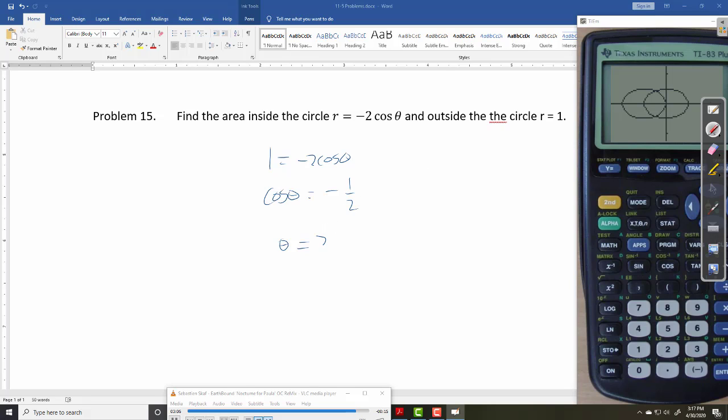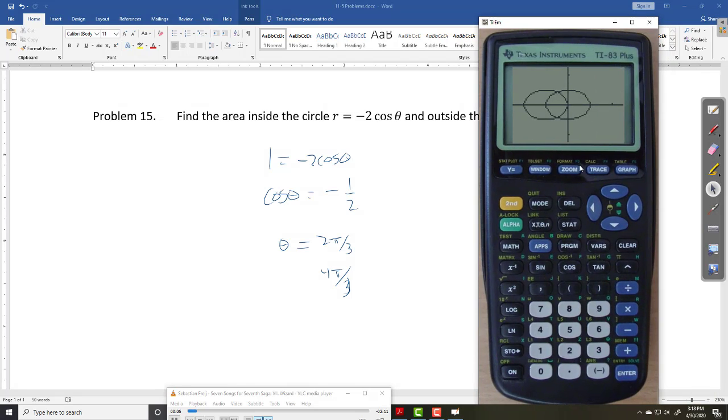So it'd be 2 pi over 3 and 4 pi over 3. And I could do the integration from there to there, but I'm pretty sure it's on the same point with both ones. Let's verify that. I think so. 2 pi over 3. Right there. Right there. Okay.